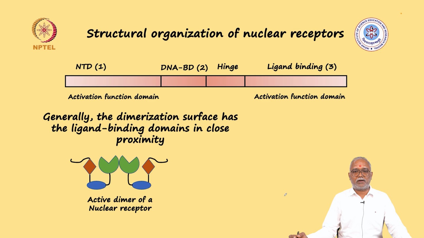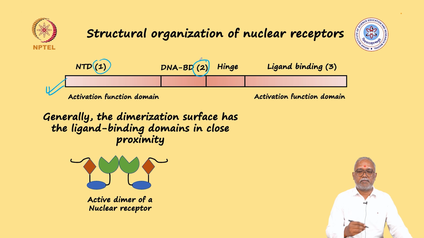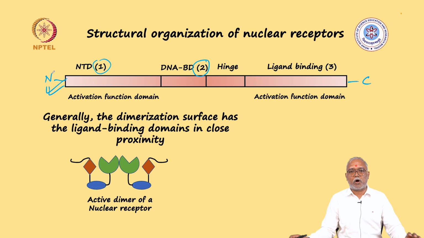The general structural classification of these receptors is such that there is a domain-wise arrangement where the N-terminal, if I refer to that as domain 1, and then in between there is a DNA binding domain. There is a small hinge region, and the C-terminus has the ligand binding domain. So this is more or less a common arrangement of domains in the nuclear receptors.